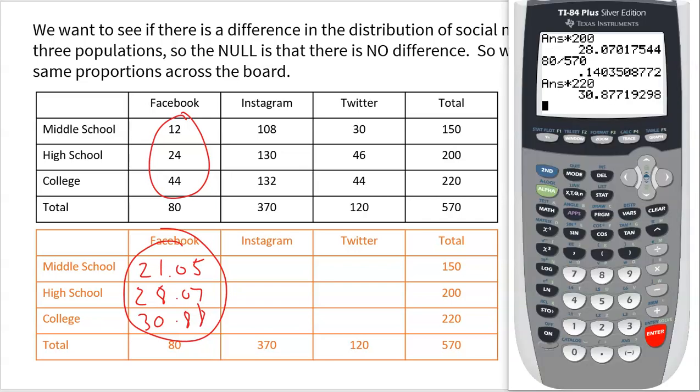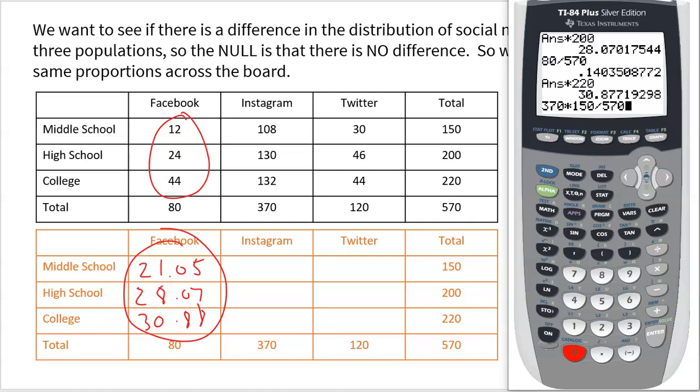Now, once you get the hang of this and you get used to it, it does become pretty easy. So again, for middle schoolers to use Instagram, I'm going to take the row total, 370, times the column total, 150. I'm sorry, I said that backwards. Column total, 370. Obviously it doesn't matter the order, but 370 is the column total, 150 is the row total, divide that by 570.